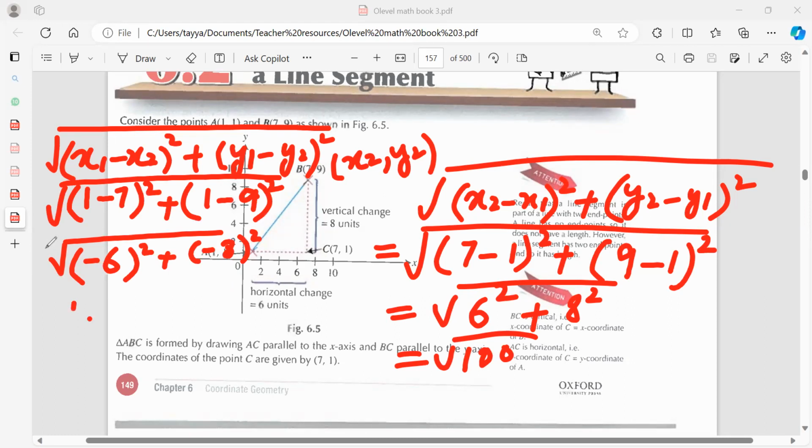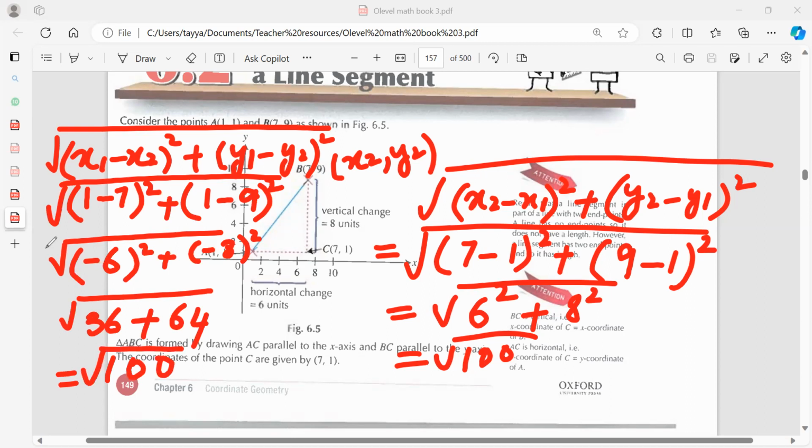Now it will be 36 and it will be 64. Because of the square, the answer of negative numbers will be positive. So it is 100. So it means if we are using this formula or this formula, both are the same. Now is it clear?